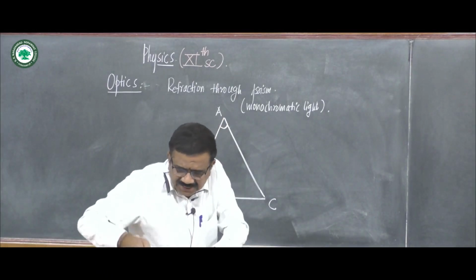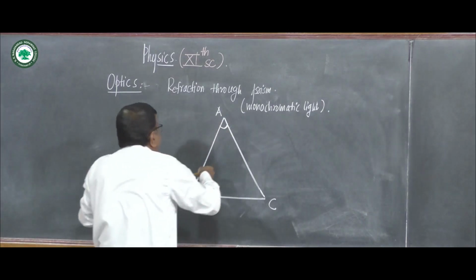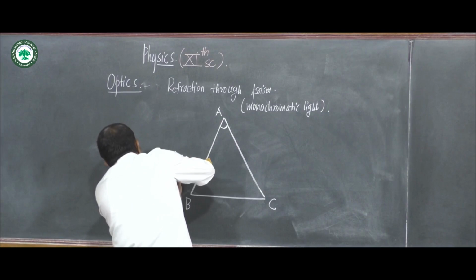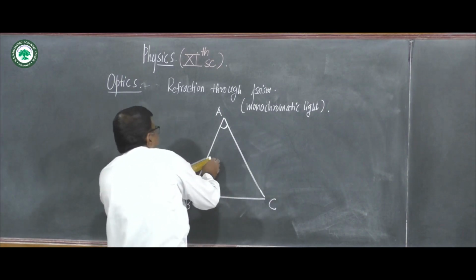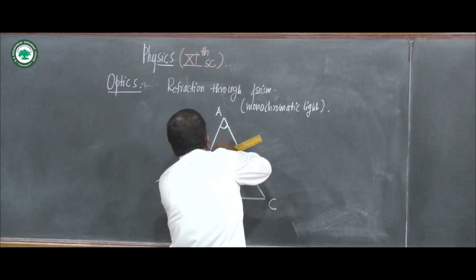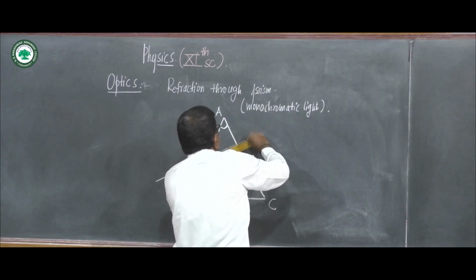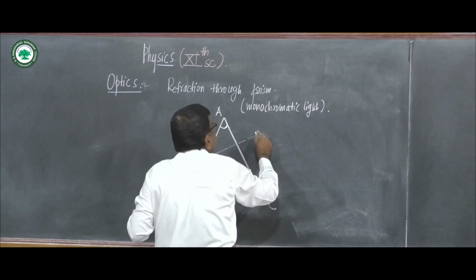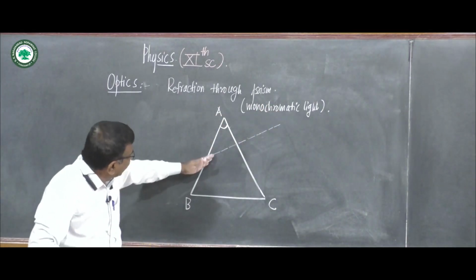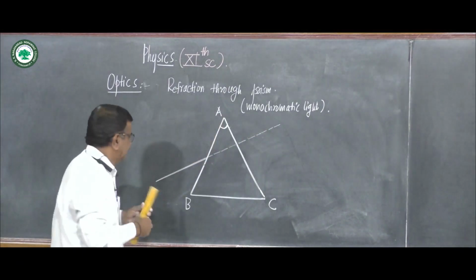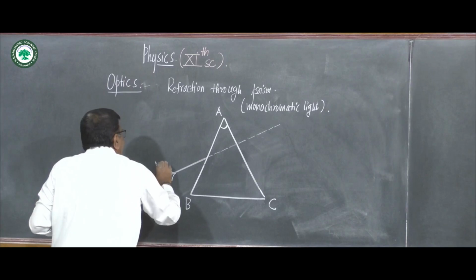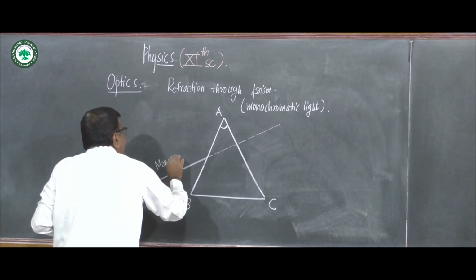If monochromatic light is incident obliquely at one face of the prism, if prism is not there, this light will travel along the straight line path shown by this dotted line. This is the direction of incident light, and this light is monochromatic light having the single wavelength.